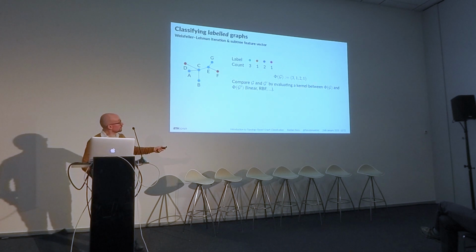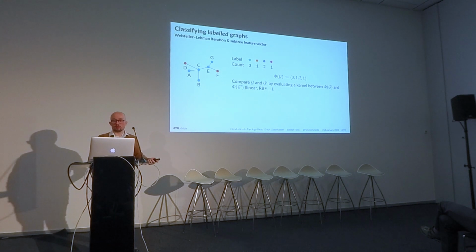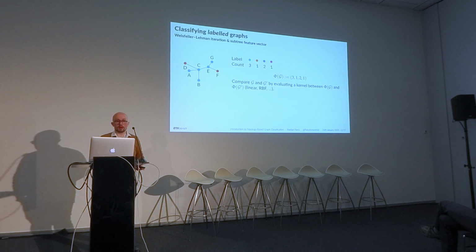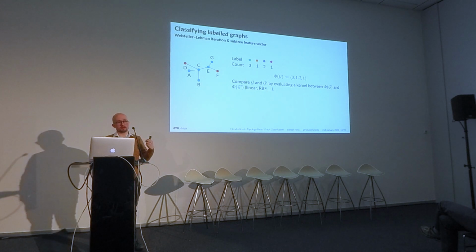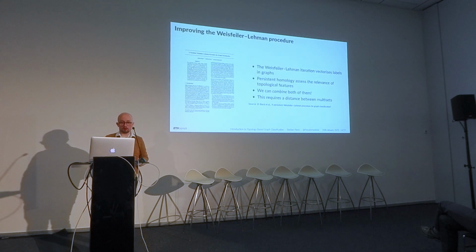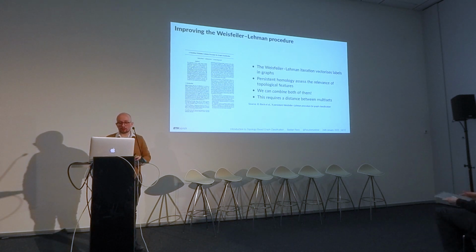And the nice thing is this is just an integer vector, so you can plug it into your SVM again, you can evaluate a kernel, you can plug it into a neural network, of course, and this gives you a way to classify your graph by featurizing your labels. This is nice and good, but we can improve it, and we can even show some very nice connections here.